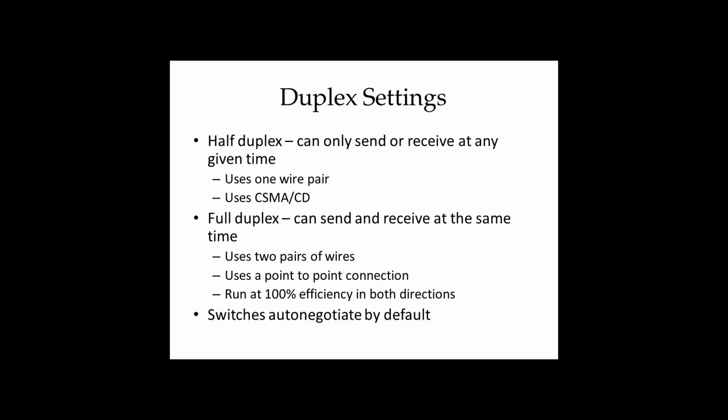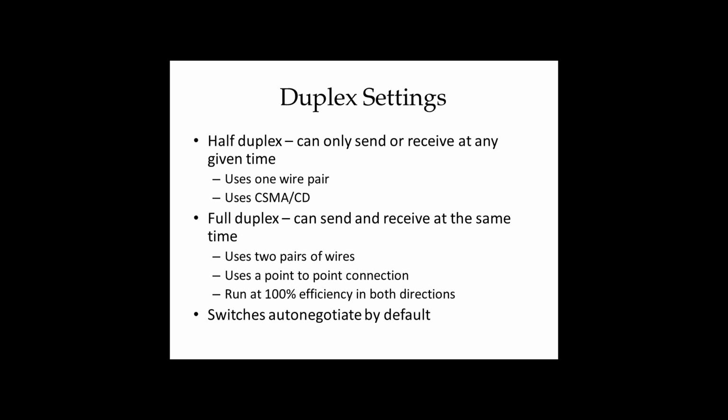So the cool thing about duplex, again, is we can send and receive at the same time. It does require a point-to-point connection. You cannot use full duplex on a link that has a hub. Full duplex doesn't use CSMA/CD. If we're connecting to a hub, we need some method of preventing a collision.